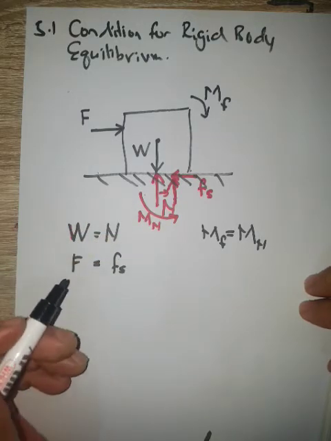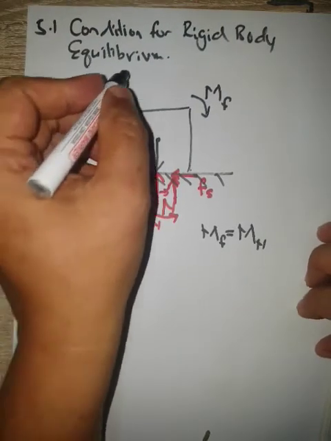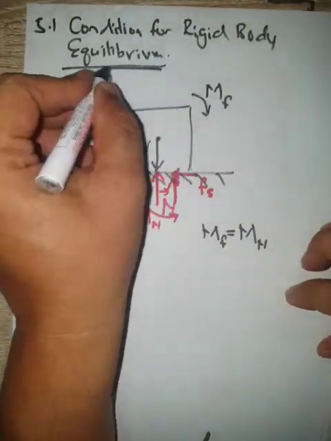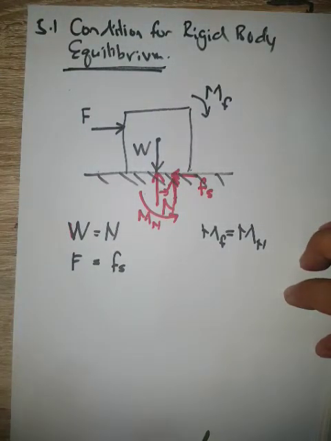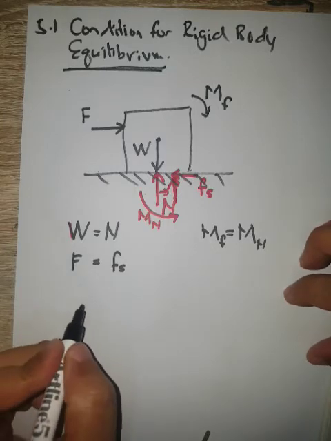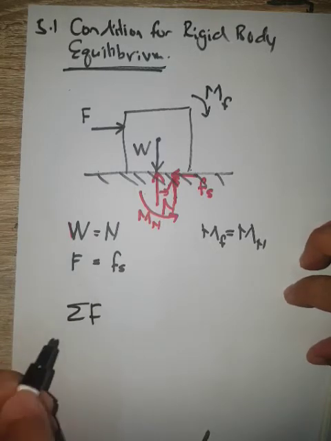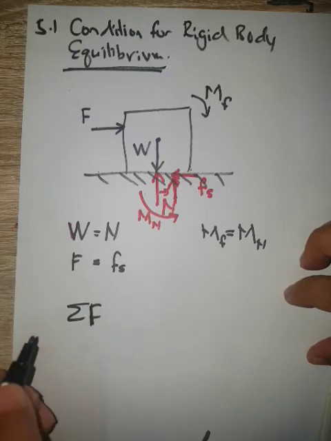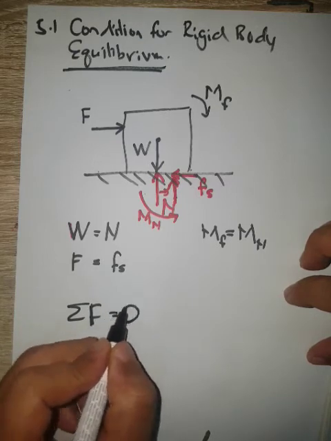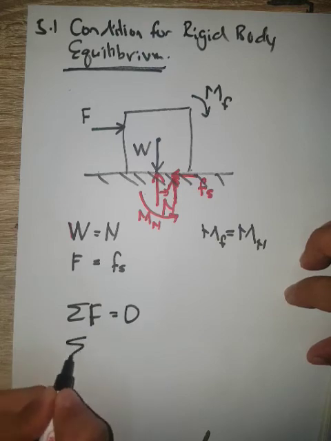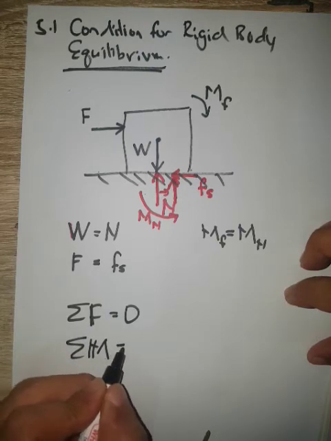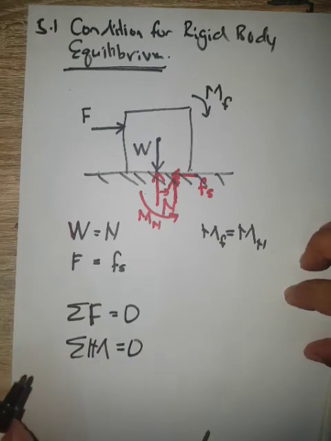So what we can say about the equilibrium condition, for an object to be in equilibrium or static condition: the total of forces, either in x direction or y direction, must be equal to 0, and the total of moment also must be equal to 0.